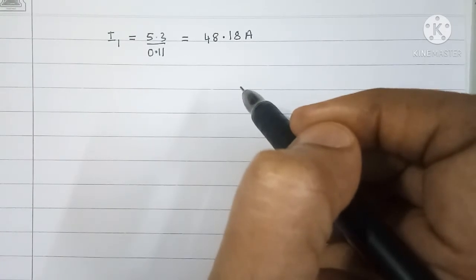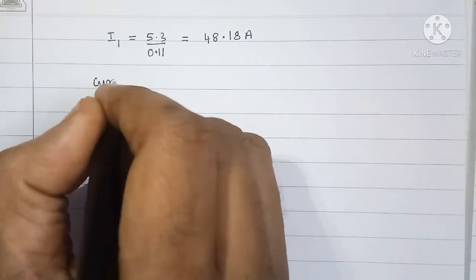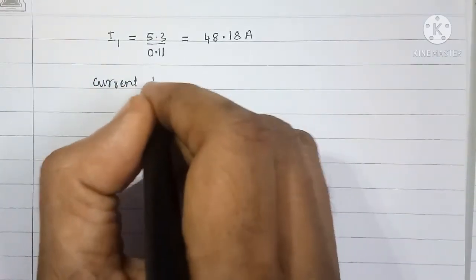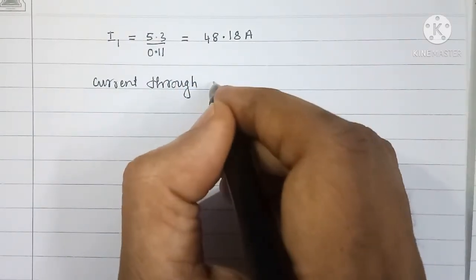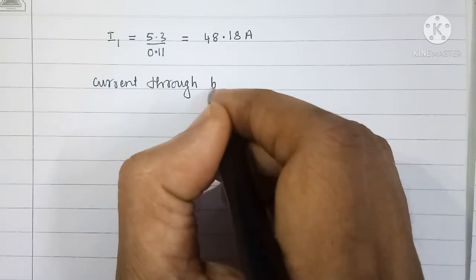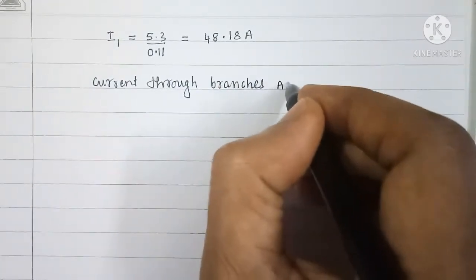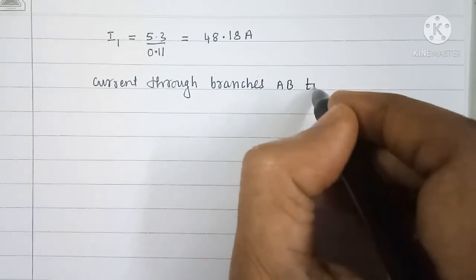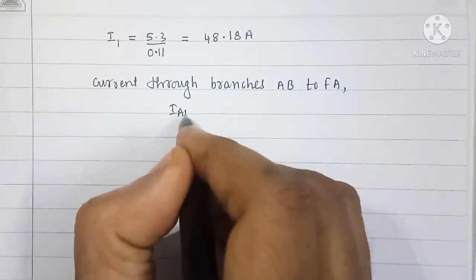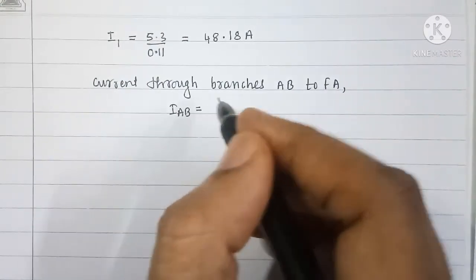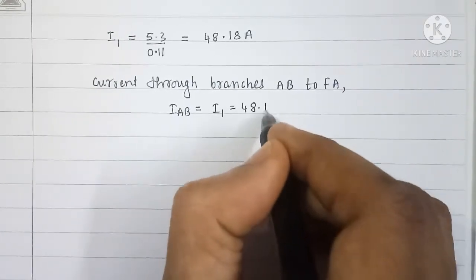Now we can find the current in all the branches. Current through branches AB to FA, that is IAB equal to I1, that is equal to 48.18 ampere.